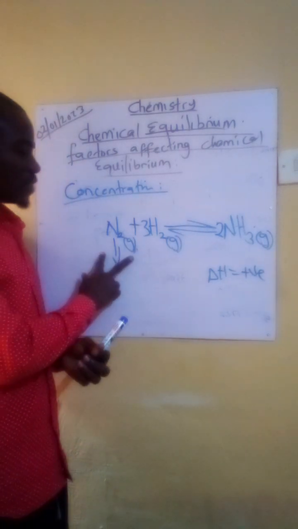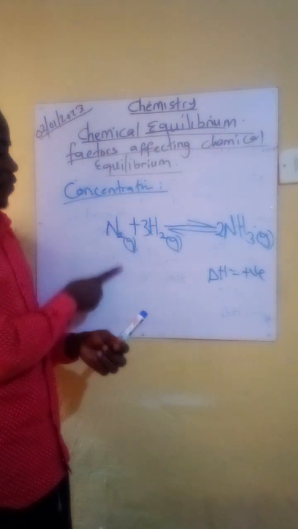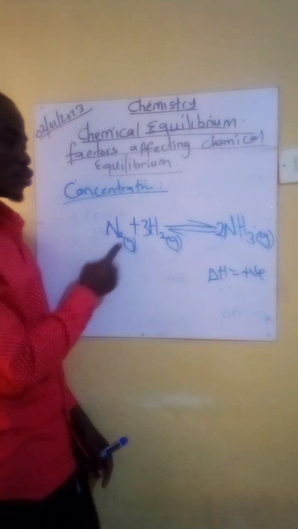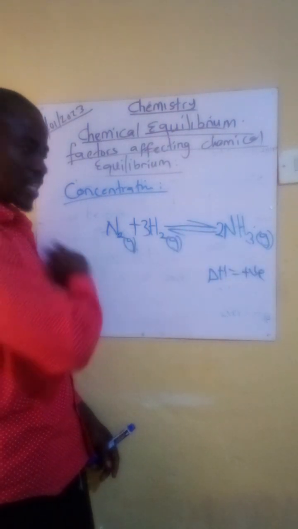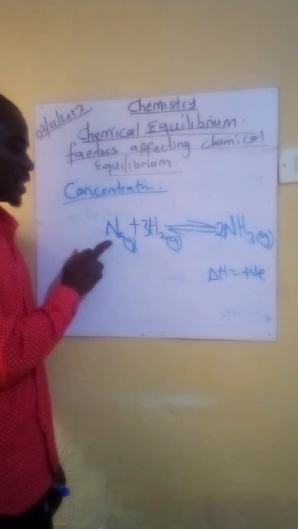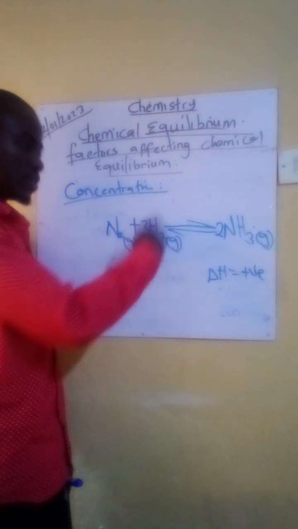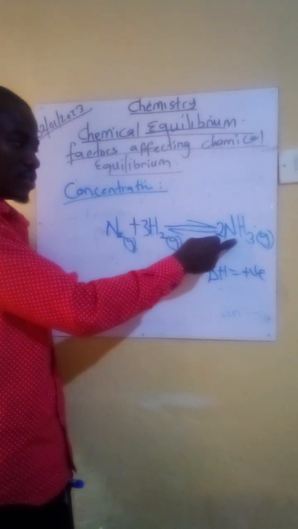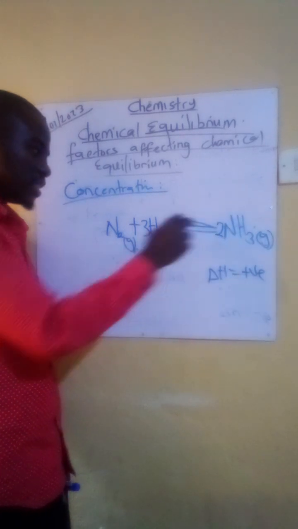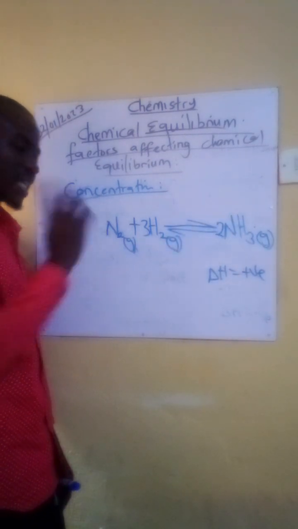So if you have this, you can increase the concentration of any of them, either this or this or this, or increase this and this, and decrease this, or you just increase one.